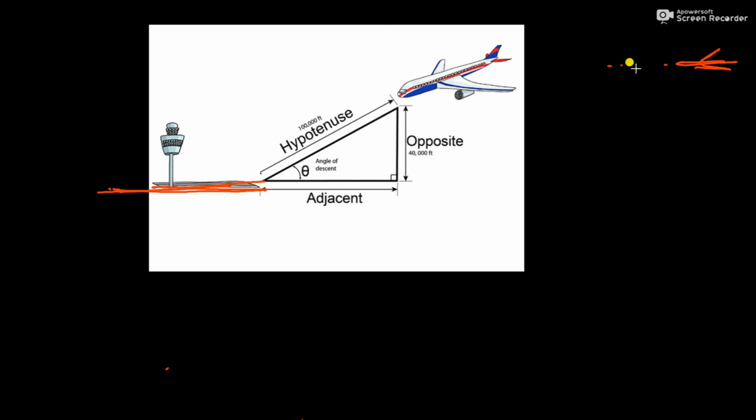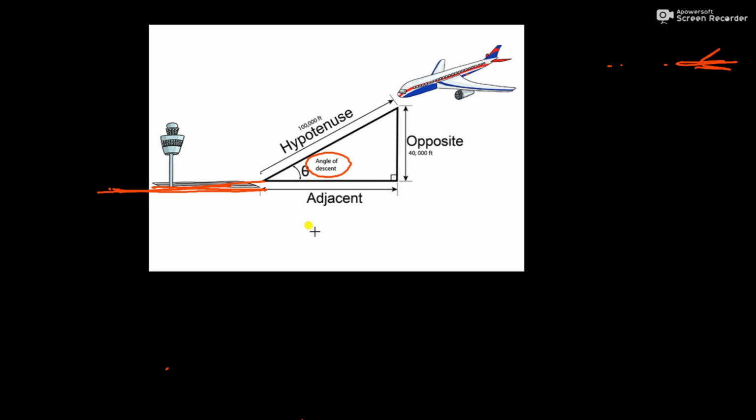So what he needs to do is find from where, at which angle, he needs to make an inclination, that is called the angle of descent. So he needs to find what the angle of descent is and from where he needs to make an inclination so that he can land the flight.